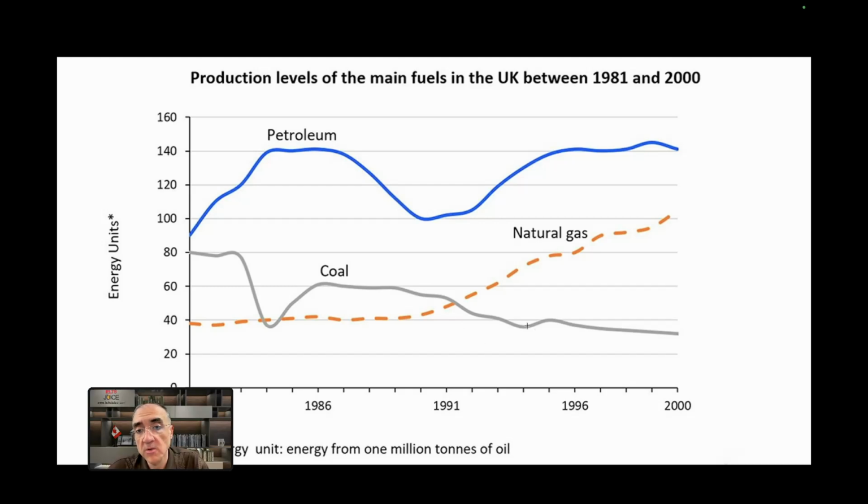Coal is not 80 million tons of coal here. It actually is 80 energy units from coal. This energy unit is equal to the energy given away by 1 million tons of oil. So it's not even equal to 1 trillion tons of oil.